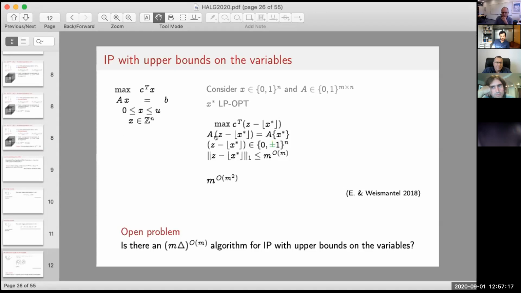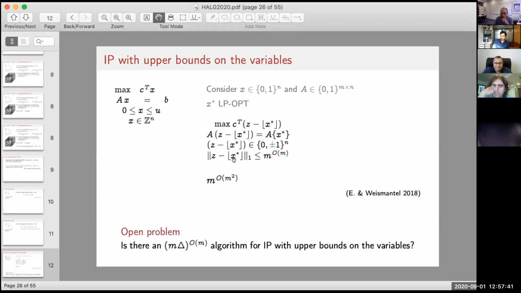A times (z minus floor of x star) is equal to A times the fractional part of x star. So I just simply took the fractional part here on the other side. This is an integer. And now this z minus floor of x star is a variable that is in some components 0-1 and some components 0-1.